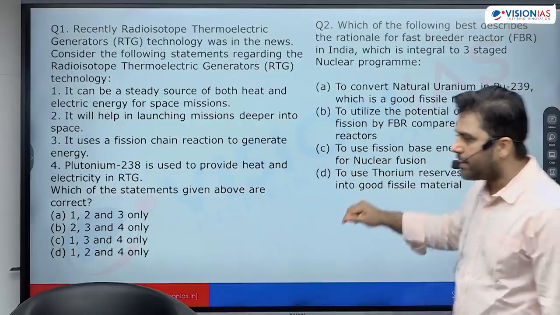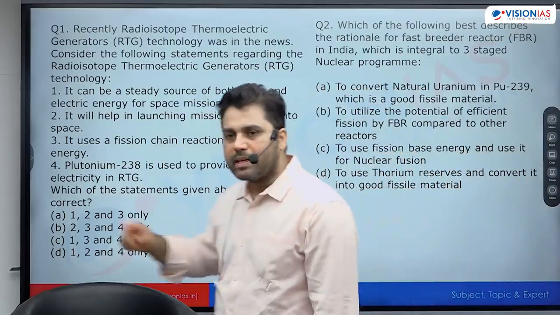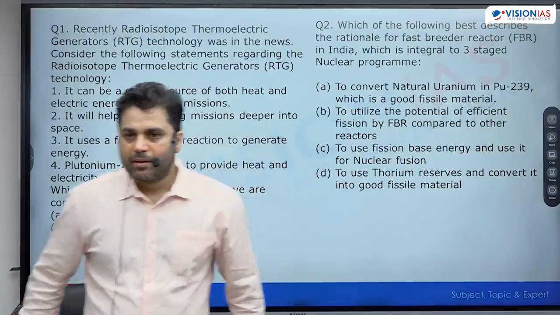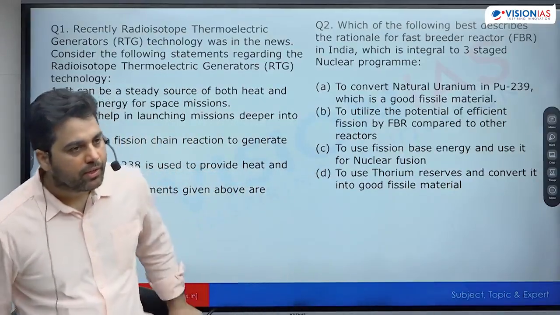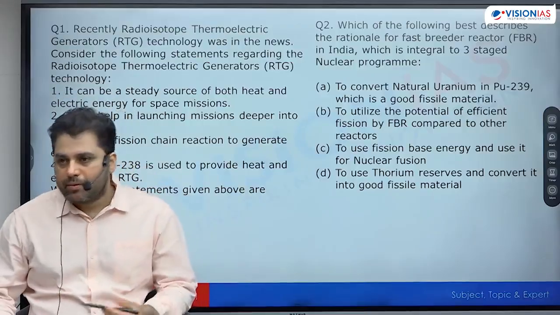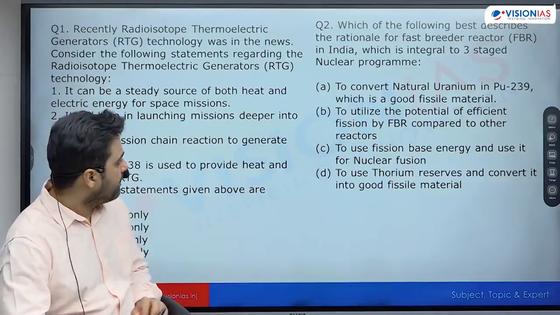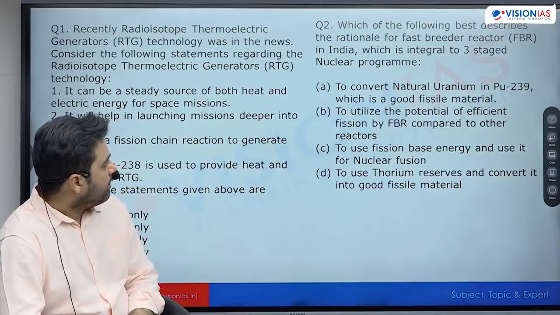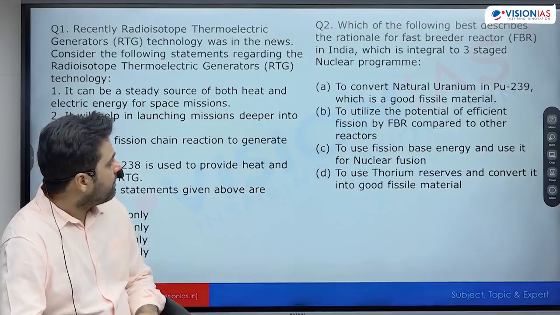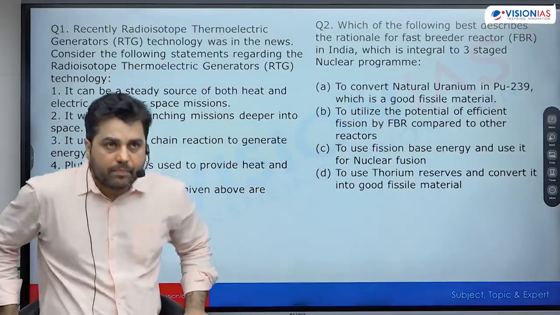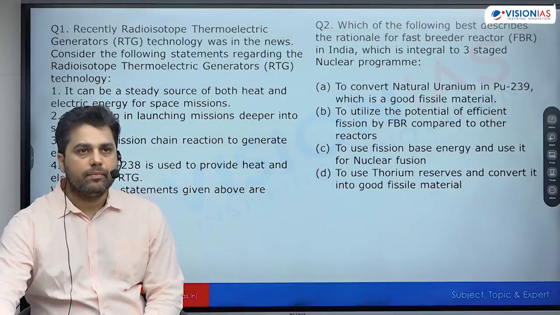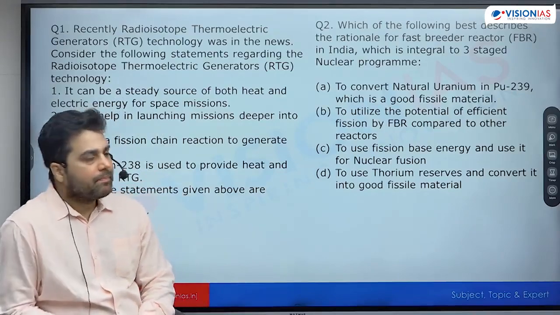The same question in the current pattern will be: how many of the above statements are correct? 1 only, 2 only, 3 only, all 4. Answer will be 3 only. One of the statements is not correct. This question. This is also easy.